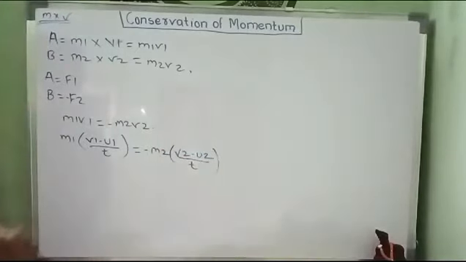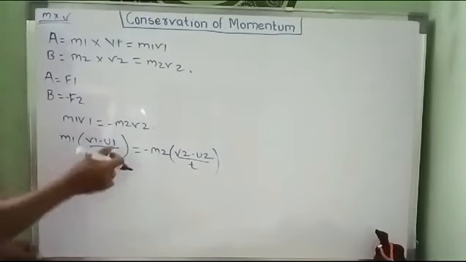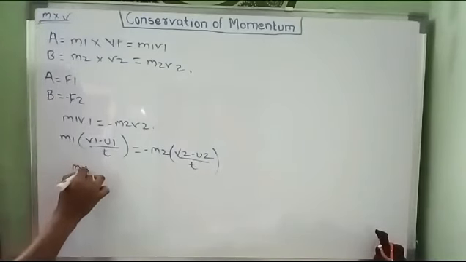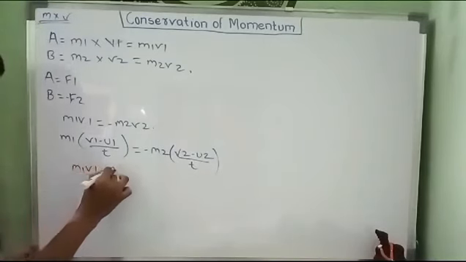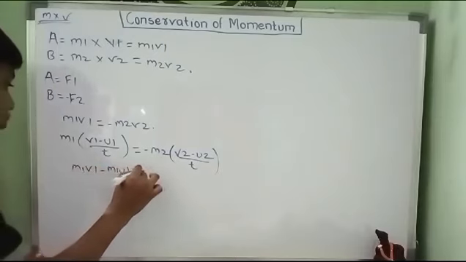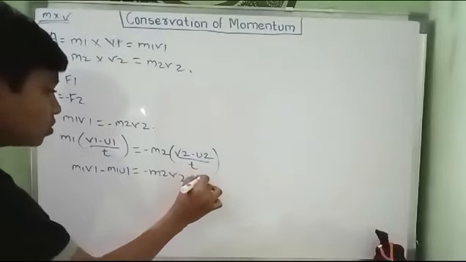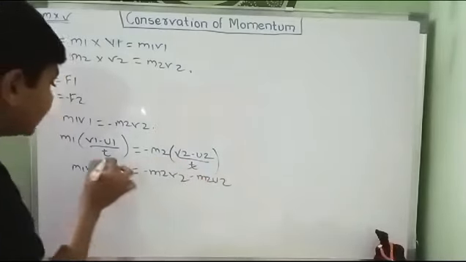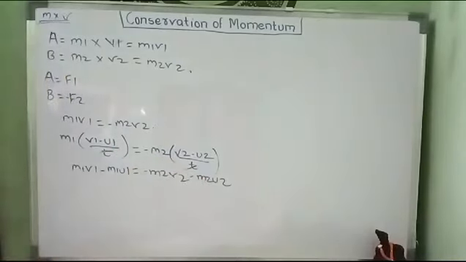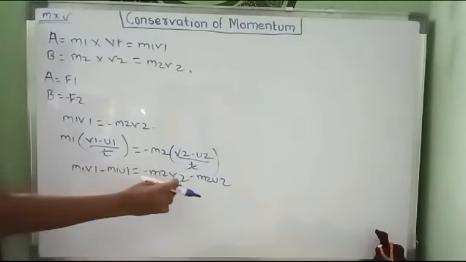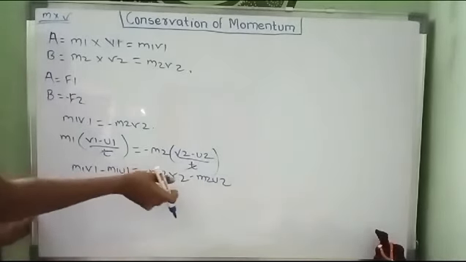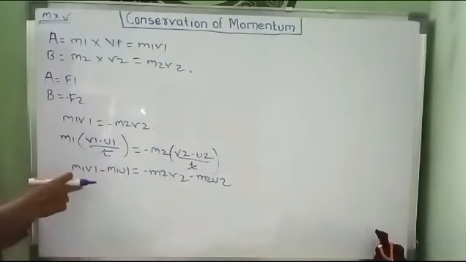Then when we equate them, m1 v1 minus m1 u1 is equal to minus m2 v2 minus m2 u2, and t cancels on both sides. Then we transpose m2 v2 from right to left.